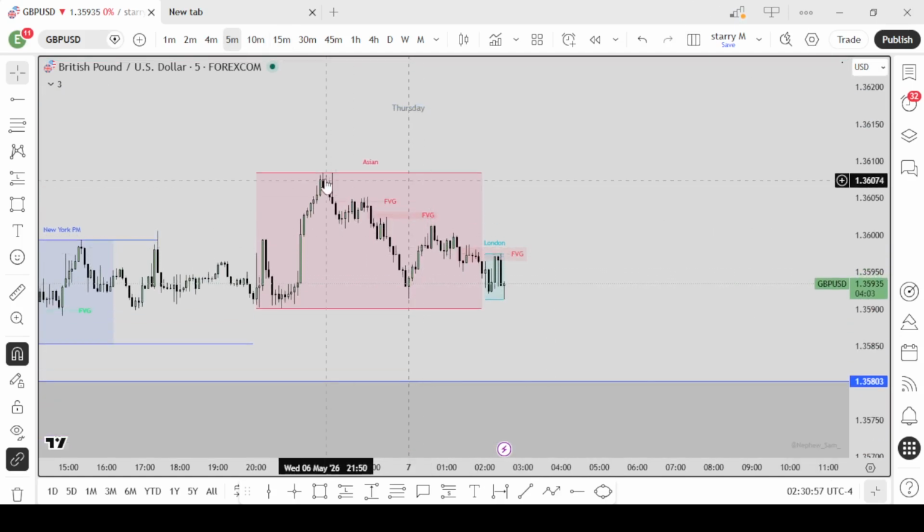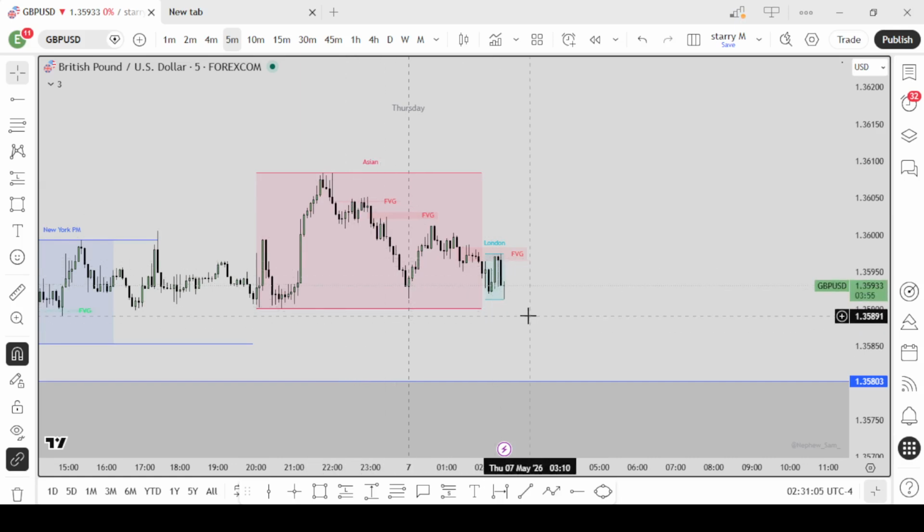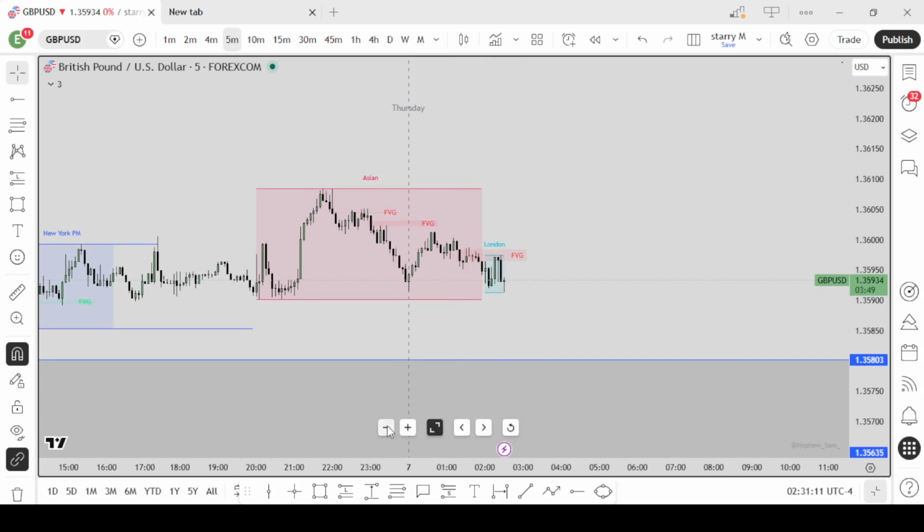Since we are currently in the correction phase, and since we are in Asia, this is most likely liquidity. So we'll wait for price to realign on the 5 minutes, and then we can take our buys.